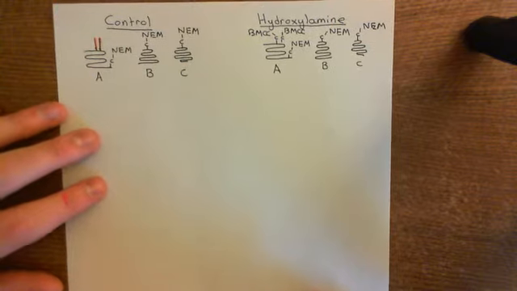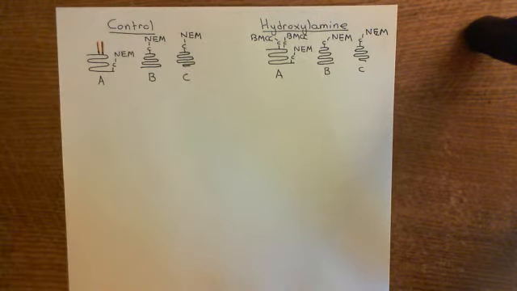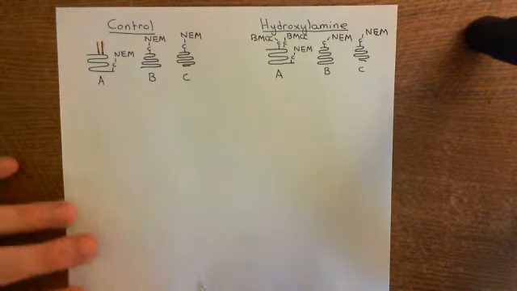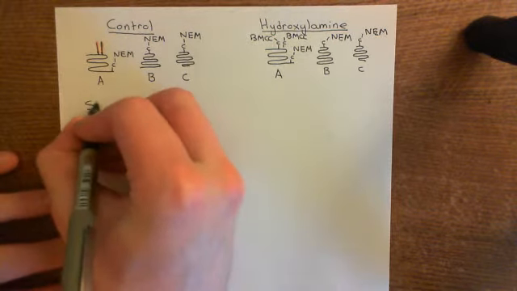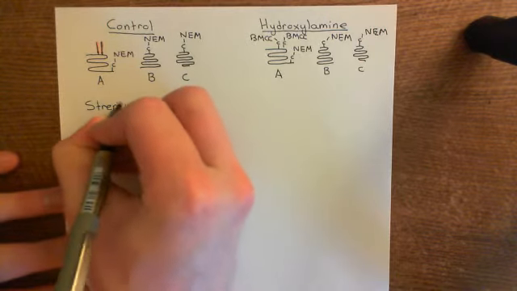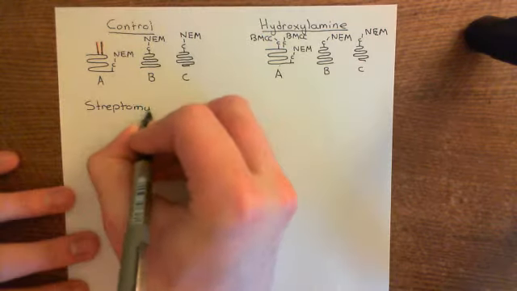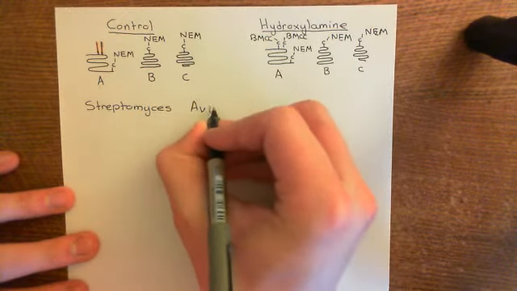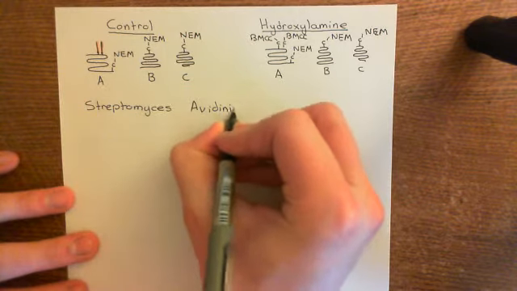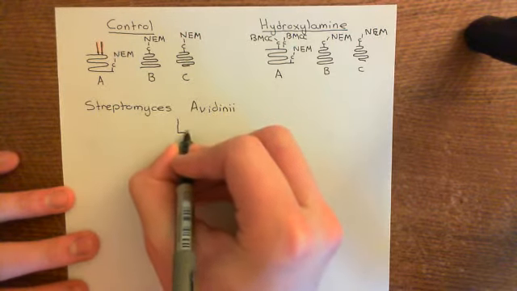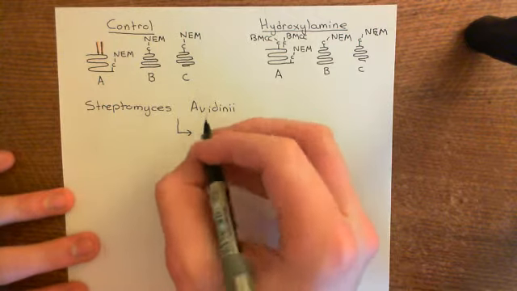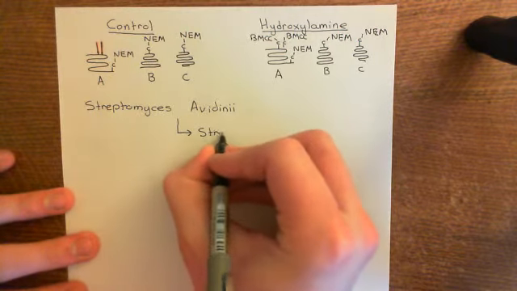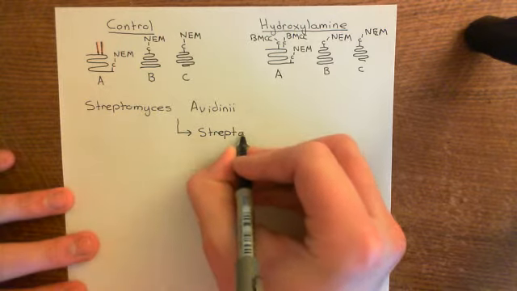Now, there is a protein that can bind to biotin groups with very high affinity. This protein we got from the bacterial species Streptomyces avidinii, and from Streptomyces avidinii we got a protein known as streptavidin.